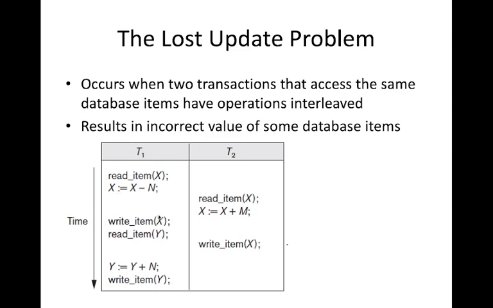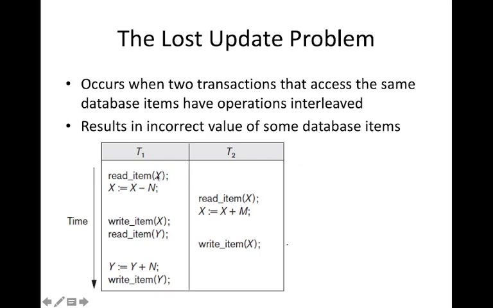Here T1 reads an item X and updates X equal to X minus N. Then, since it is executing concurrently, T2 may read the item X. T2 will not read the updated X value, because it reads from the hard disk, which has the old value of X.